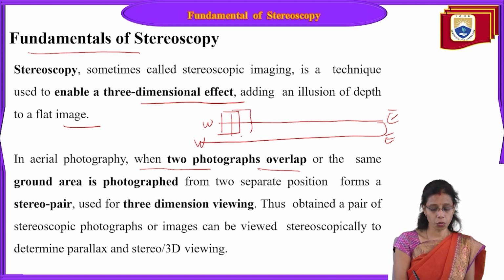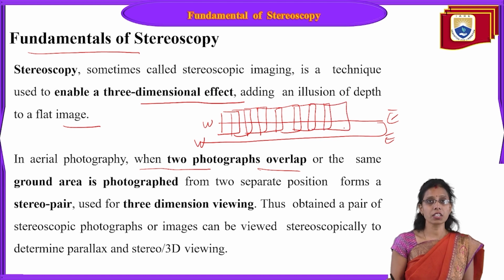Photo 1, photo 2, photo 3, photo 4, photo 5, photo 6, photo 7, photo 8. Like that, in a direction, it keeps on clicking the photo. And this is the forward direction of the aerial photo.